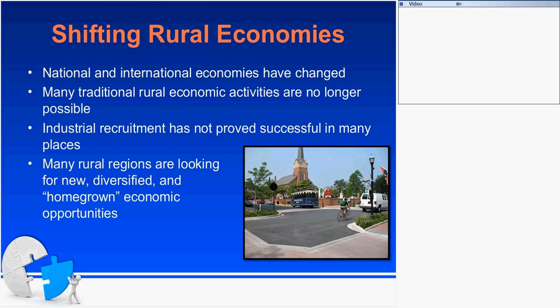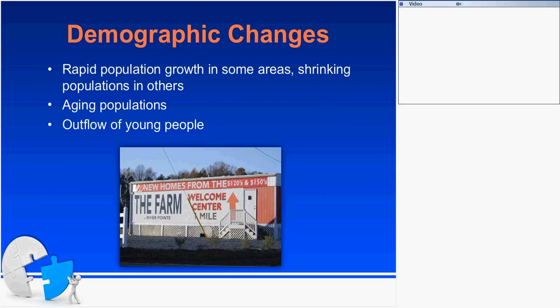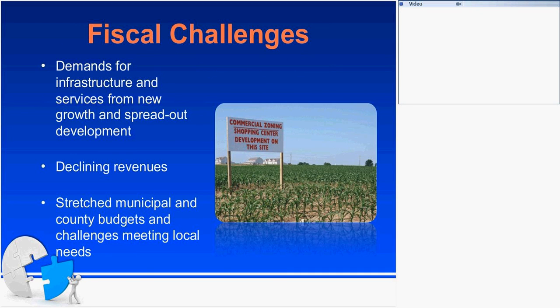So we go through economic trends, changes to the landscape as far as the conversion of working and natural lands to development, more spread out types of growth, and the decline of places like downtowns and main streets, demographic changes, fiscal challenges in terms of the demands for infrastructure and services from that new spread out growth, and fiscal challenges as a result.